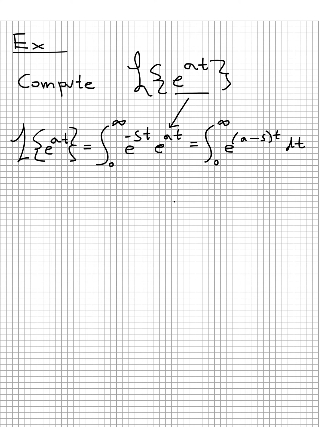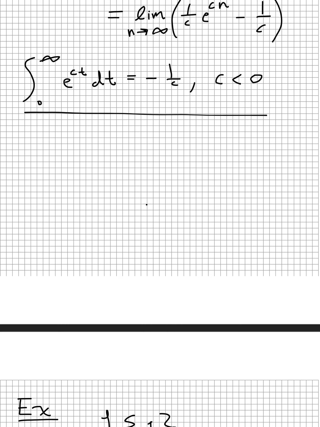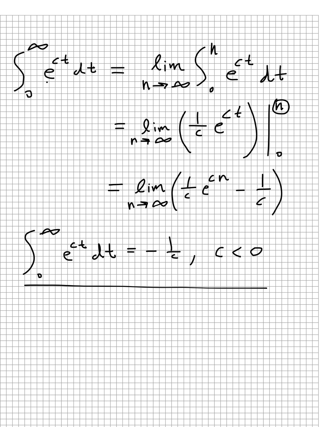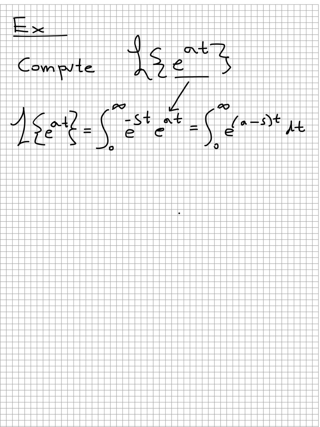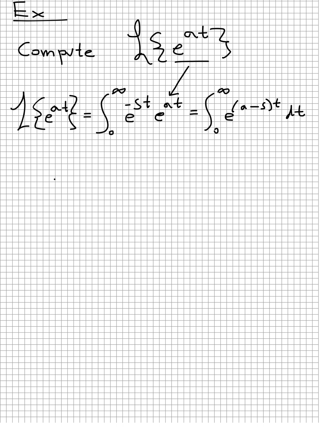Now you might have noticed again, this has the form that we saw before, e to the ct. If I scroll up a bit, you'll notice it has this form, e to the ct. That's convenient because we know what the solution was for that. So again, let c be equal to a minus s.